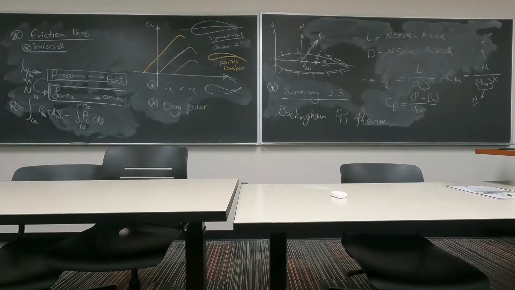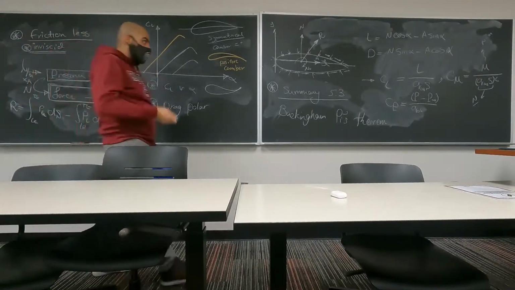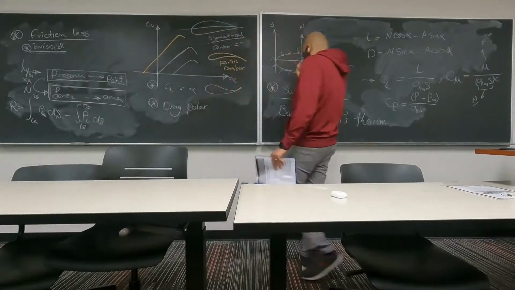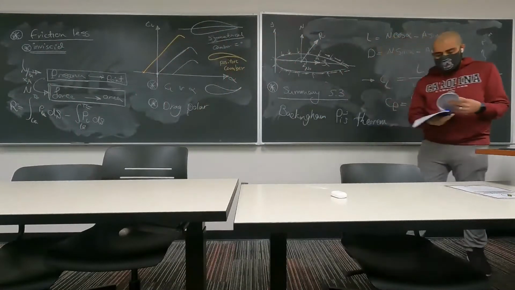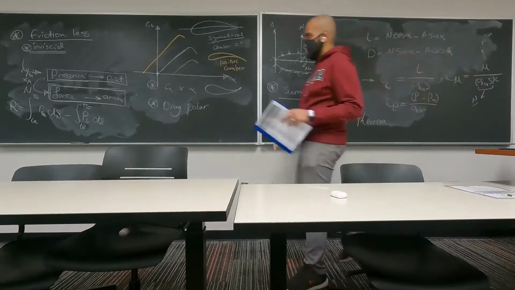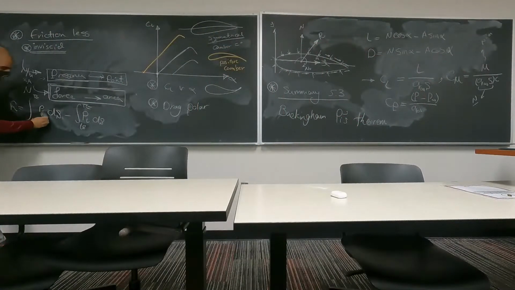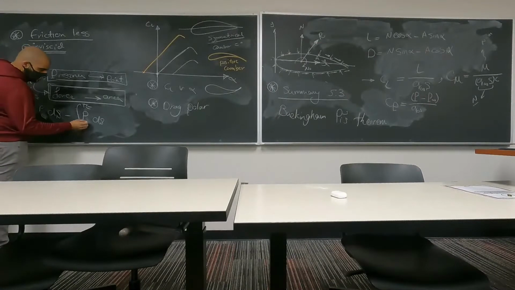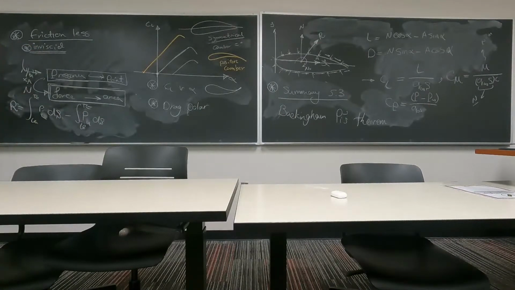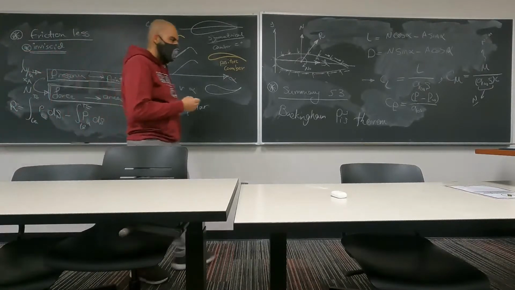So the resultant force is essentially the integral of pressure on the lower surface minus the integral of pressure on the upper. This is actually the other way around, so it's PL minus PU.